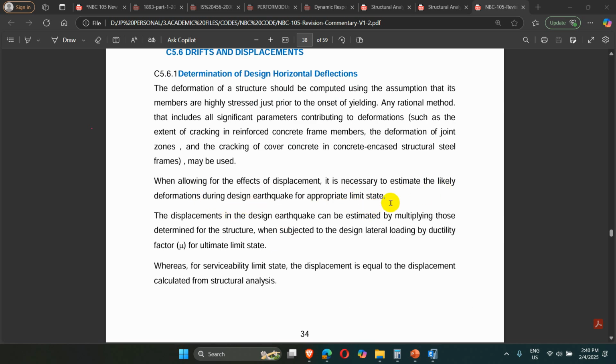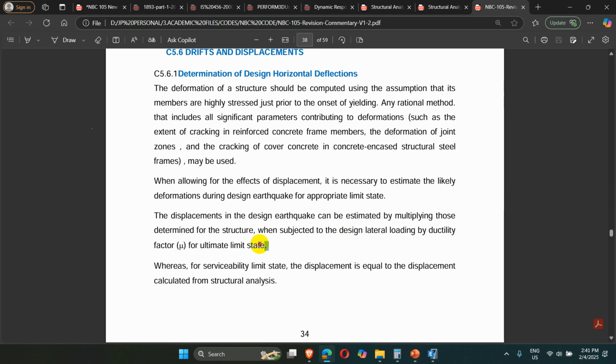While allowing for the effect of displacement, it is necessary to estimate the likely deformation during the design earthquake for the appropriate limit state. The displacement in the design earthquake can be estimated by multiplying those determined for the structure when subjected to the design lateral loading by the ductility factor for the ultimate limit state, and for the serviceability limit state the displacement is equal to the displacement calculated from the structural analysis, here the ETABS value.